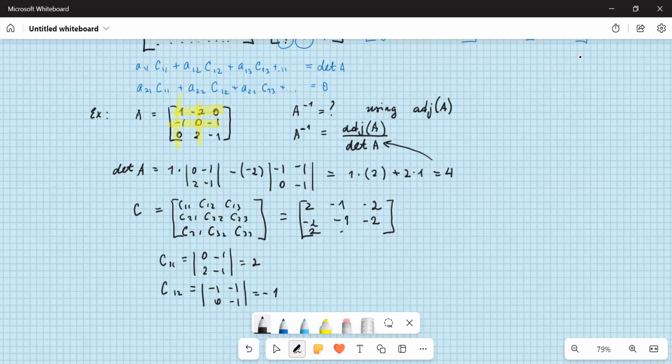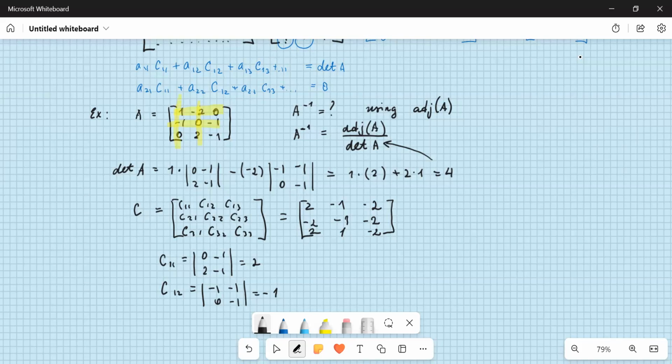And the checkerboard rule is going to give me 1. And the last element, we are very close, is going to be 1 by 0 minus -2 by -1, which is going to be 2. So minus 2, -2, and plus, minus, plus. I think that's it.